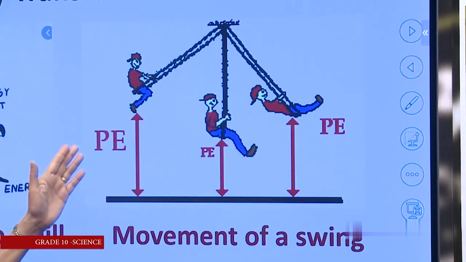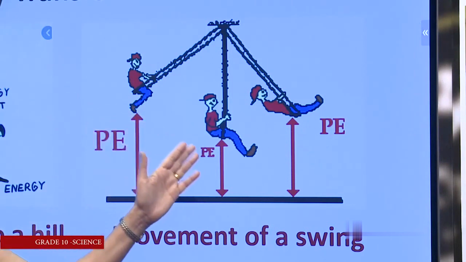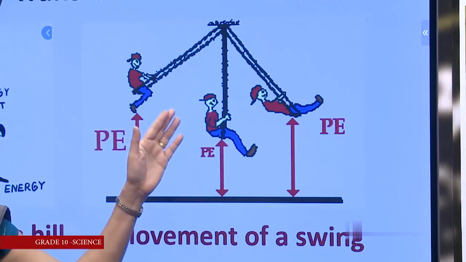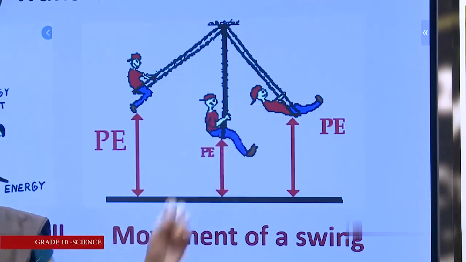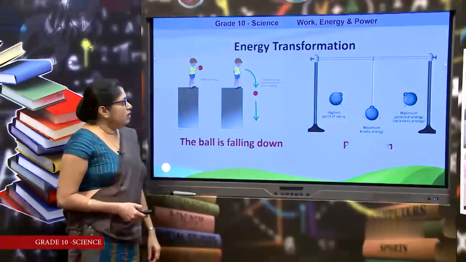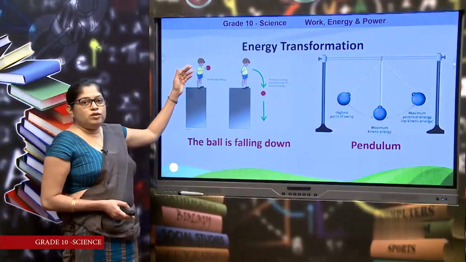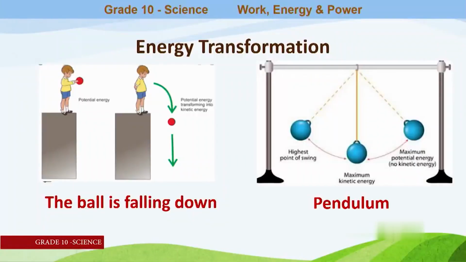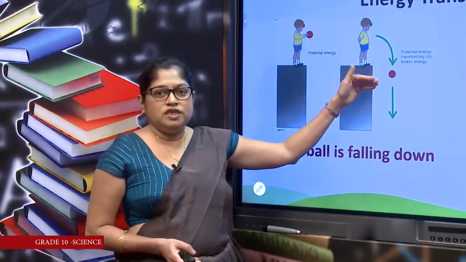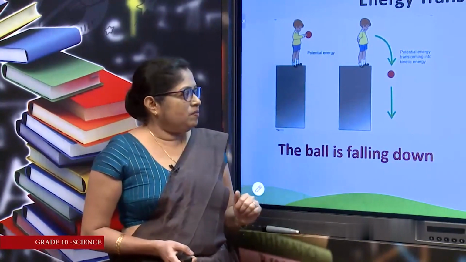So, that is how potential energy is converted into kinetic energy and kinetic energy is again converted into potential energy. Look at this picture. A boy is trying to put a ball down. At this point it has potential energy. When he releases the ball, potential energy is converted into kinetic energy.